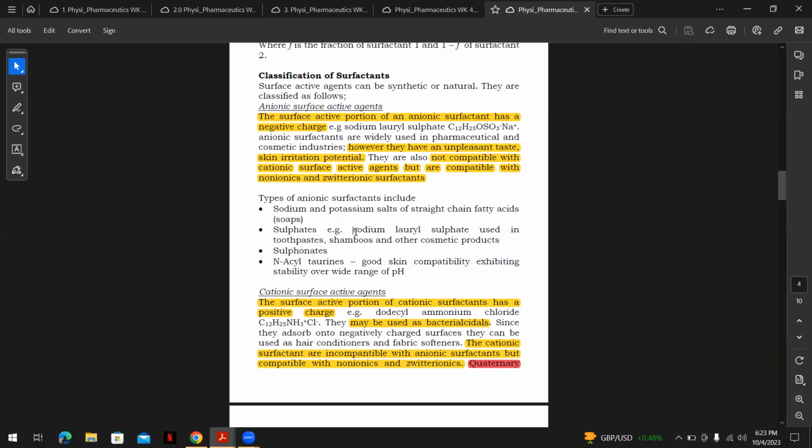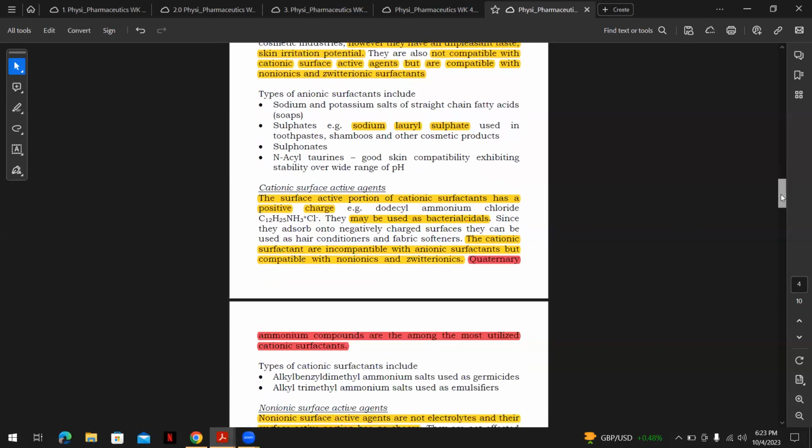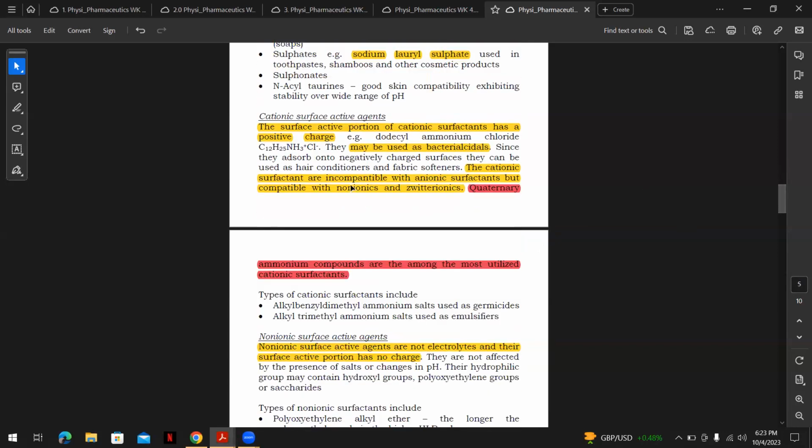Majorly sodium lauryl sulfate. You might be asked which class of surfactants sodium lauryl sulfate falls under? It's anionic.